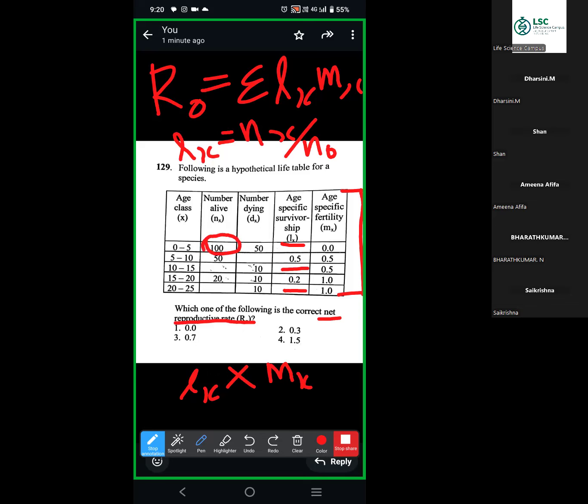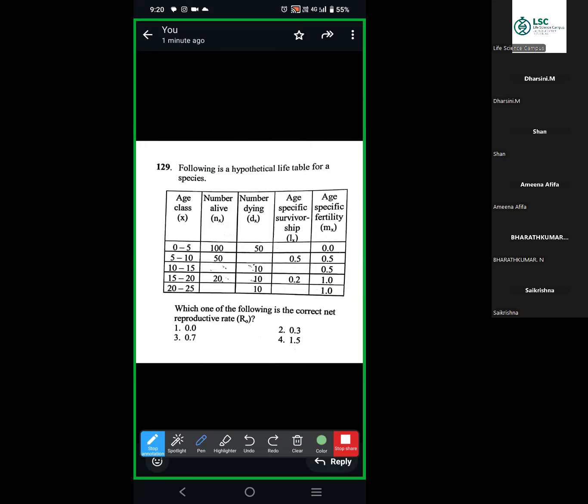For the first age class, you have to find the lx value. lx is given by nx by n0. In the first stage class, nx is 100 and n0 is also 100. So lx will be 1.